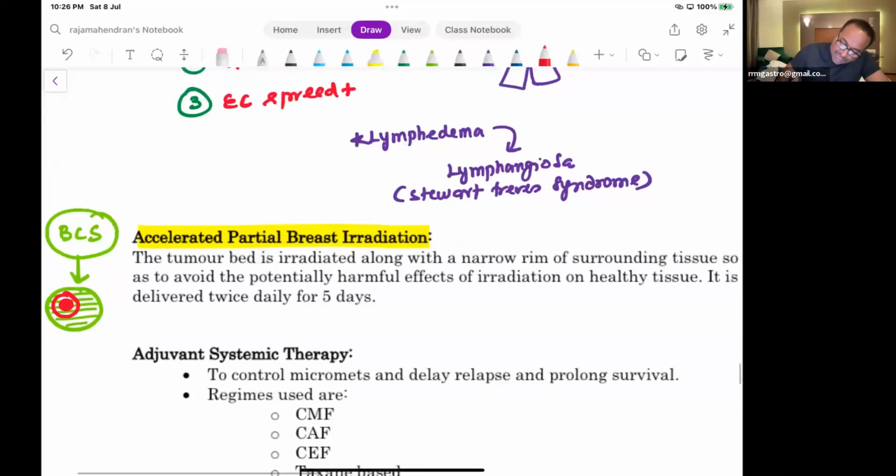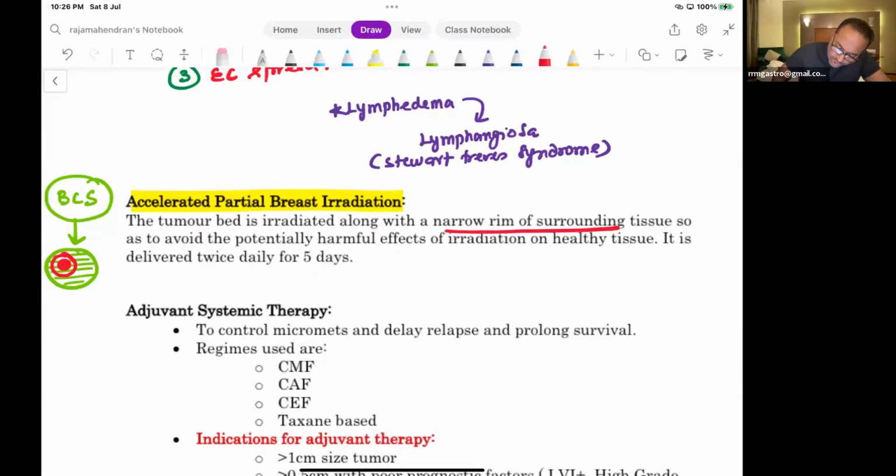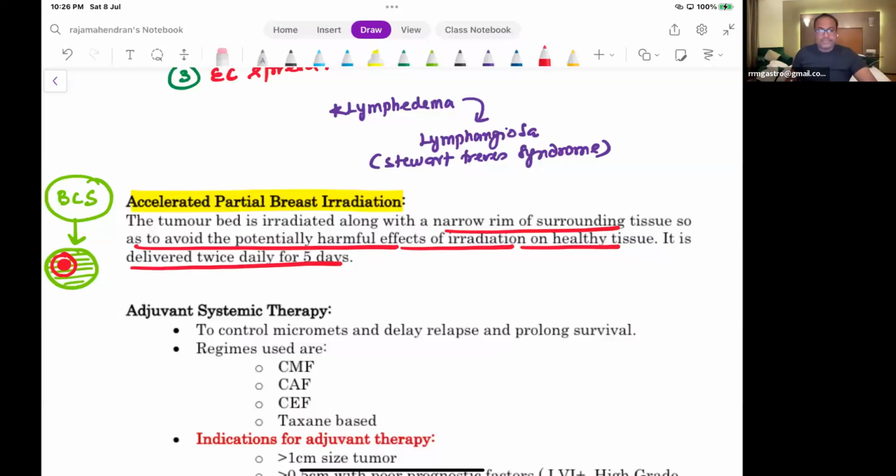The tumor bed is irradiated along with a narrow rim of surrounding tissue so as to avoid potential harmful effects of irradiation on healthy tissue. It is delivered twice daily for 5 days. So 5 days you will give, that's all. We give 5 days of radiotherapy in breast conservative surgery patients, not for all patients.